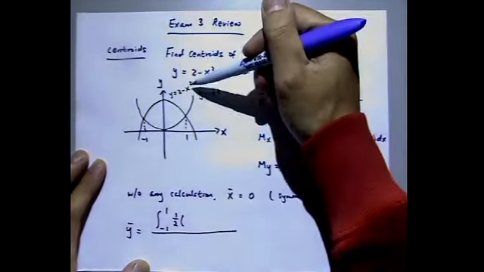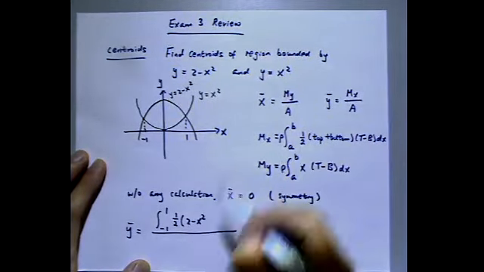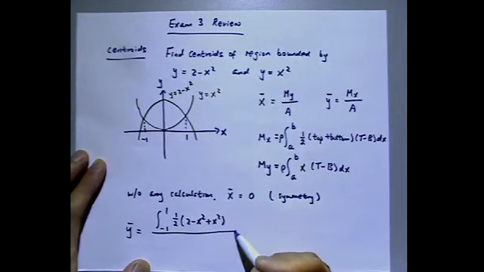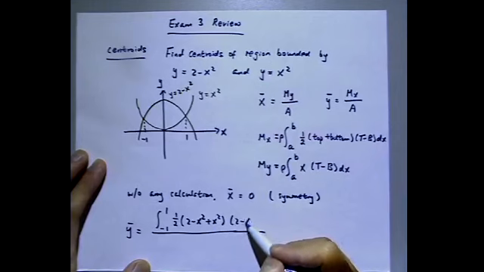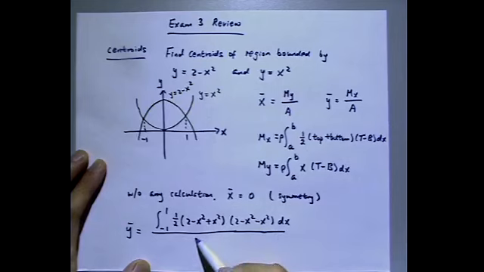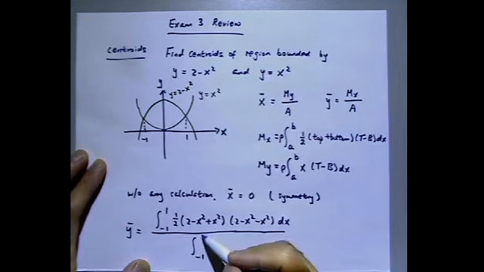So top is this stuff here. The bottom one is x squared. And then top minus the bottom, dx. And then downstairs, we have just the area. That's easy. Minus 1 to 1, top minus the bottom.